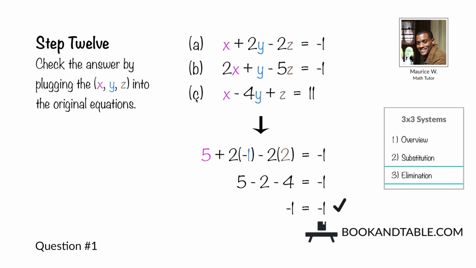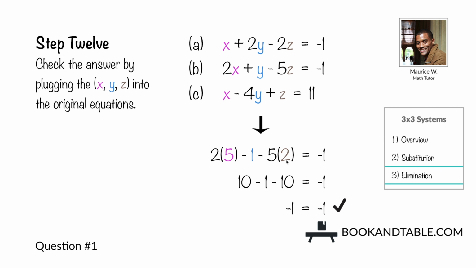When we do so, we get 5 plus 2 times negative 1, which is negative 2, minus 2 times 2, which is negative 4. 5 minus 2 is 3. 3 minus 4 is negative 1, giving us the true statement, negative 1 is equal to negative 1, confirming that these are the correct values for x, y, and z for equation A.